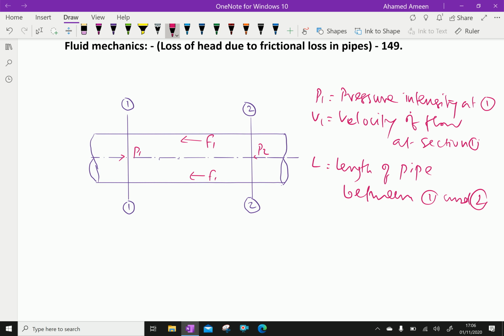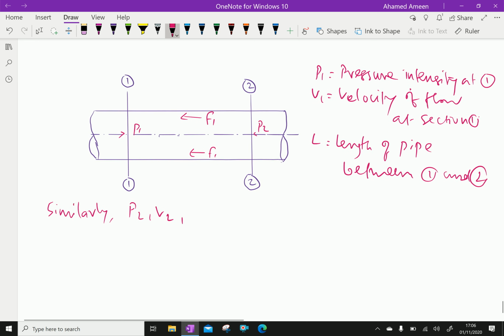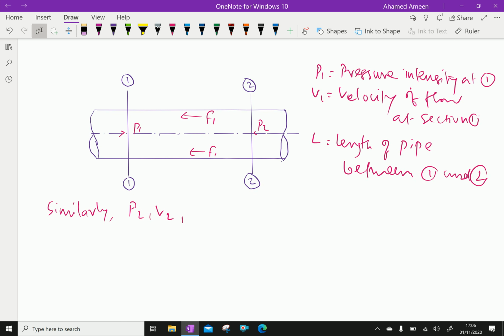Now similarly, P2 and V2. P2 is the pressure at section 2 and V2 is the velocity at 2.